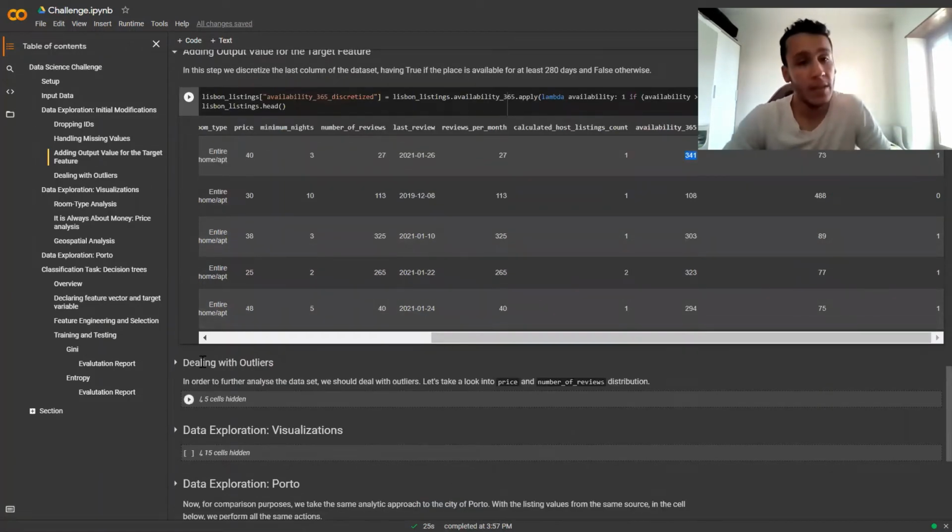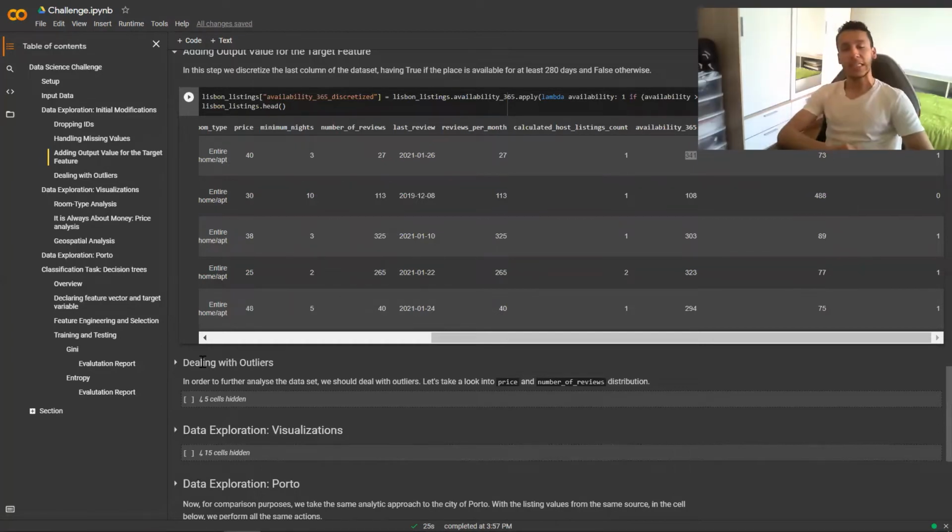Now we dealt with missing values, and we added some new columns. But now we are going to talk a little bit about outliers. Outliers are data that don't really fit with the rest of them, don't really follow a model. But we have to be really careful, because data that appears to be outliers is not always an outlier. For example, in price, we have a lot of small prices.